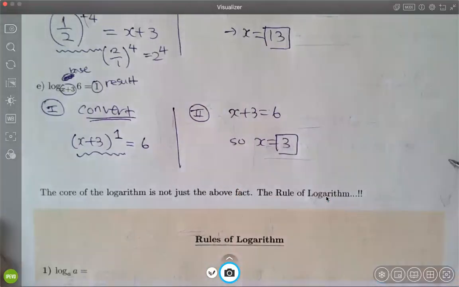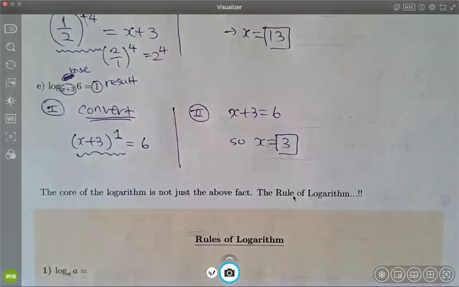Okay, so the last two problems were fairly simple. Any questions over these basic log equations? Okay, so now the core of these two sections is not these above facts.